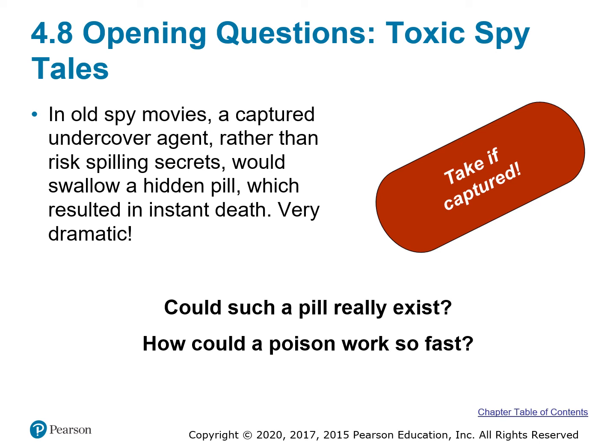Could such a pill really exist, and how could a poison work that fast? Well, we'll talk about this a little bit later, but basically that toxin, the poison, actually shuts down cellular respiration, and without that you don't have the energy you need to live.